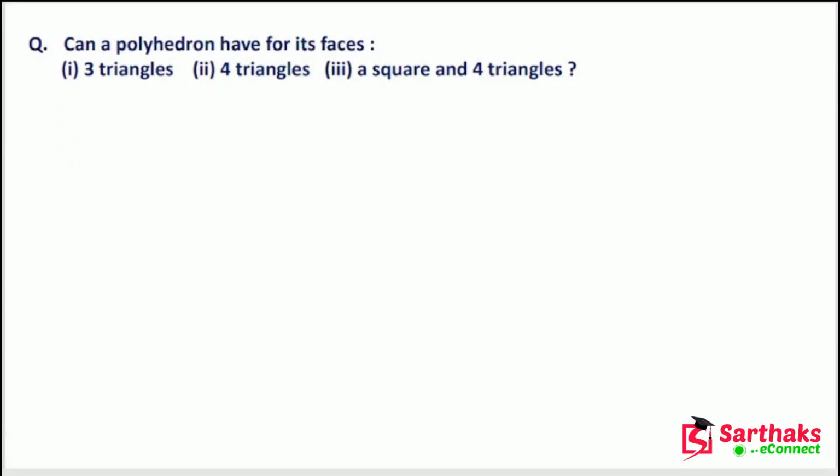The second part says, can a polyhedron have 4 triangles? Obviously, we have just answered that a tetrahedron has 4 triangles, which is a triangular pyramid.